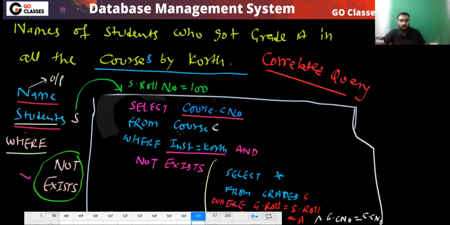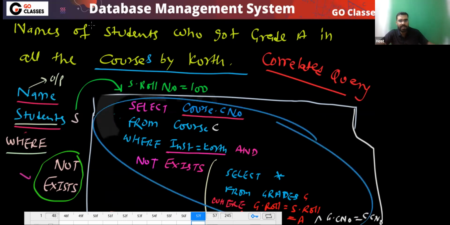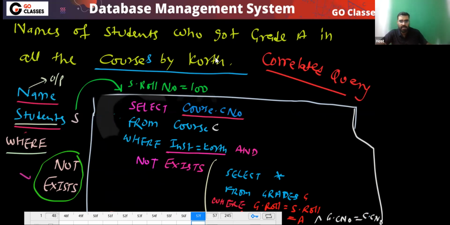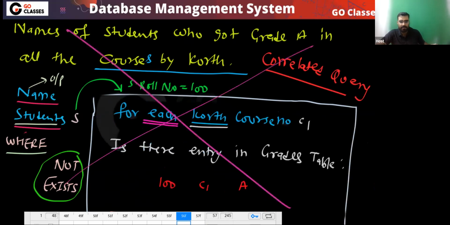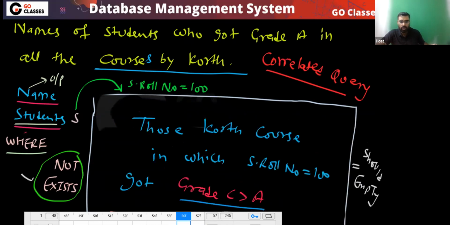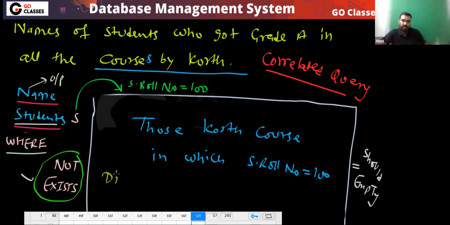Yes or no? In this, my target is those courses in which S roll number did not get grade A. This is my purpose.